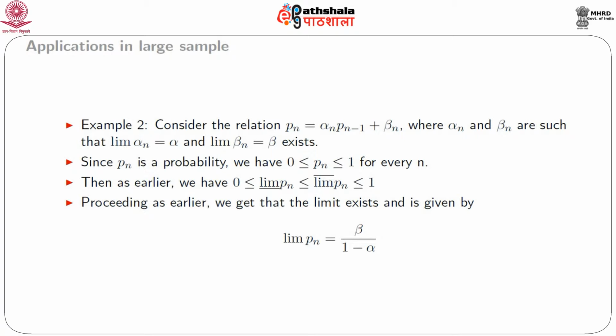Then, as earlier, we have 0 less than or equal to limit inferior of Pn less than or equal to limit superior of Pn less than or equal to 1. Now, proceeding as earlier and using the fact that limits of alpha n and beta n are finite, we get that the limit of Pn exists in this case also and is given by the same beta by 1 minus alpha as before.